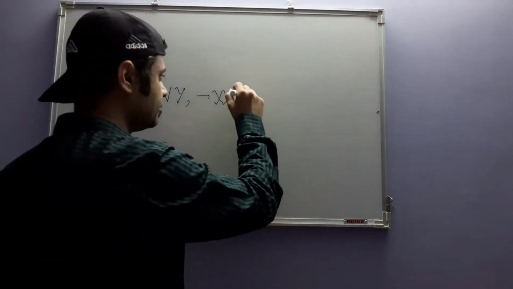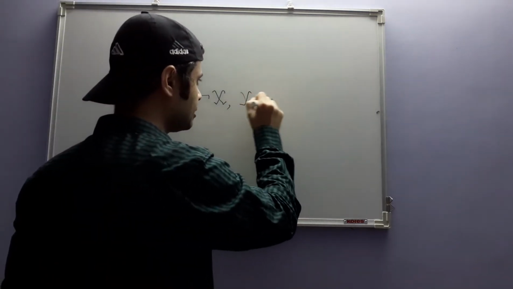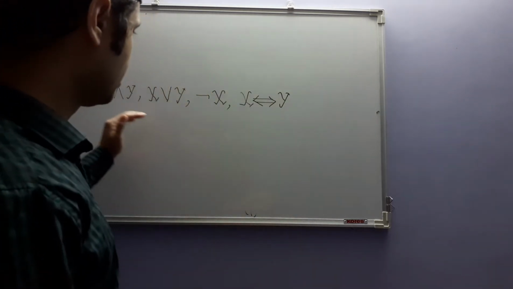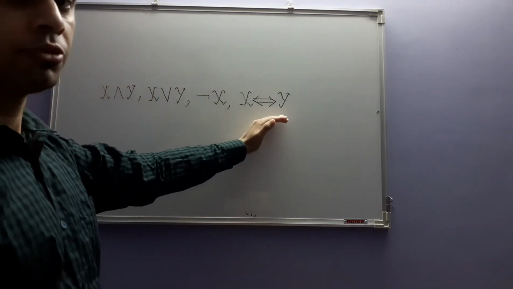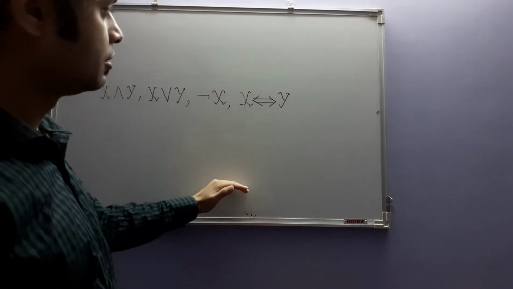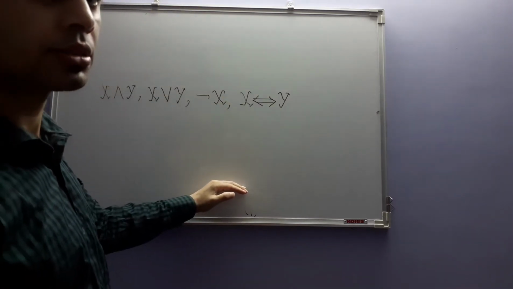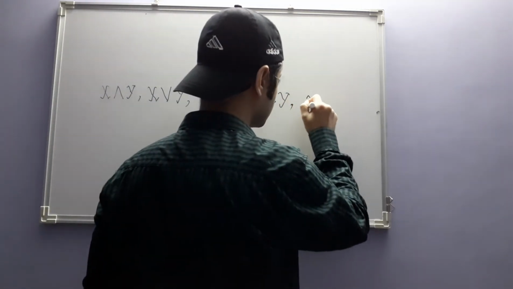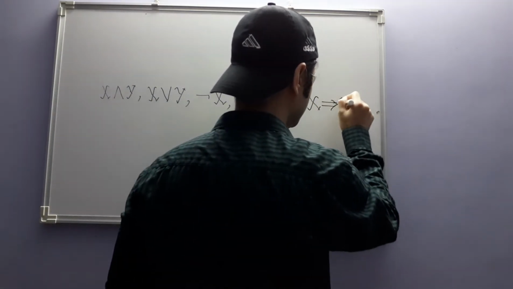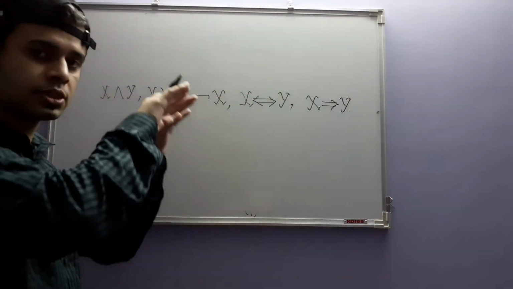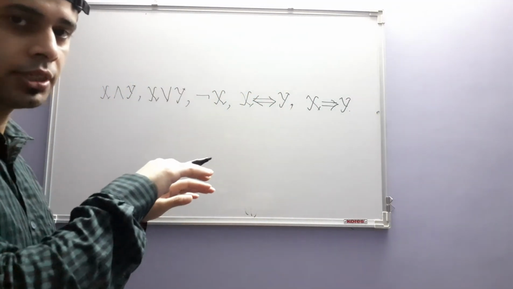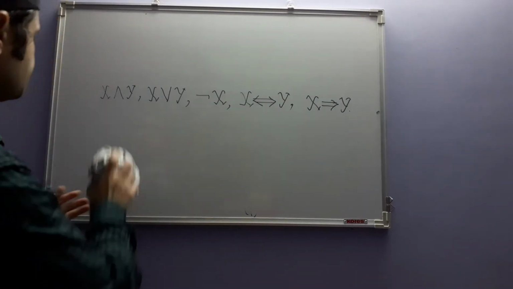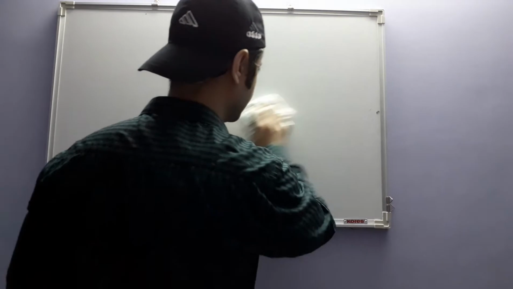Then we had logical equivalence of two statements, x if and only if y. And using these four, we have already stated and proved some of the laws of mathematical logic. Now that we have this new construct, implication, using this we can state some more laws of logic and we are going to prove them. So let's go for that now.